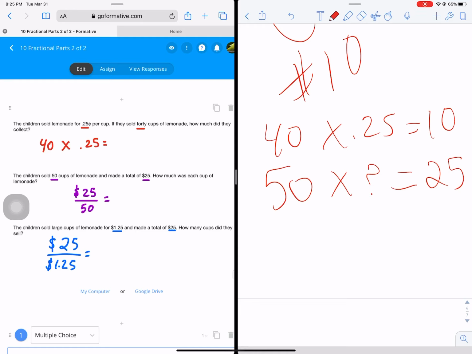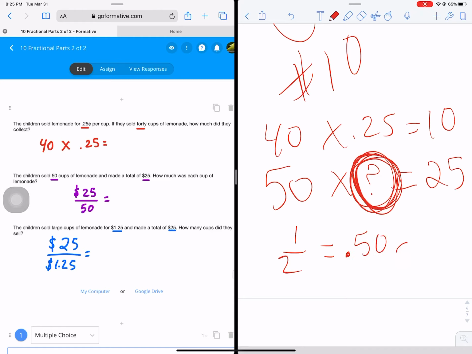And if you're thinking about this variable as x, solving for a letter, you're just dividing. And that's why over here it shows $25 divided by 50. That's actually 1/2, or in decimal that's 0.5, as in 50 cents. So each cup sold for 50 cents.